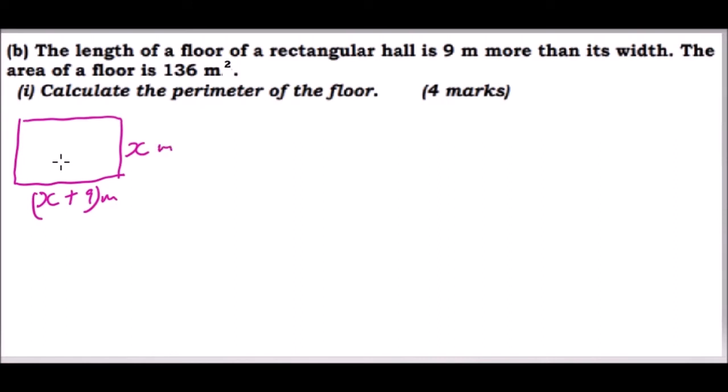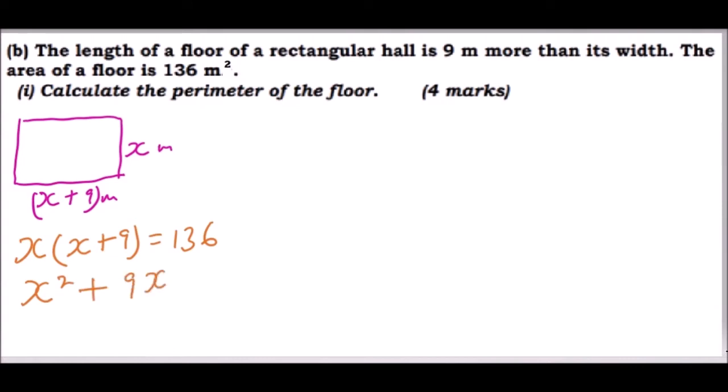And because we are given the area, it means that the area is equal to width times length, which is x multiplied by (x + 9), and that area is equal to 136. So if we open the bracket, you get x squared plus 9x.